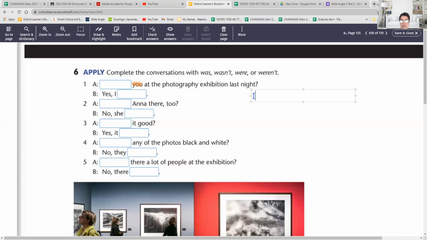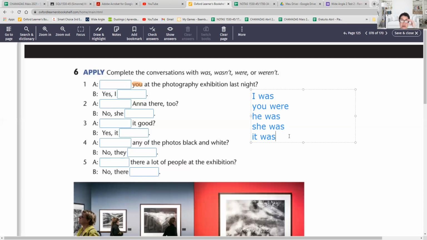So let me change the color, okay? So here we have, I was, okay? Let's go subject or pronoun by pronoun. You were, okay? He was, then she was, and it was, okay? All the third person singular, all the three pronouns, we do the same.